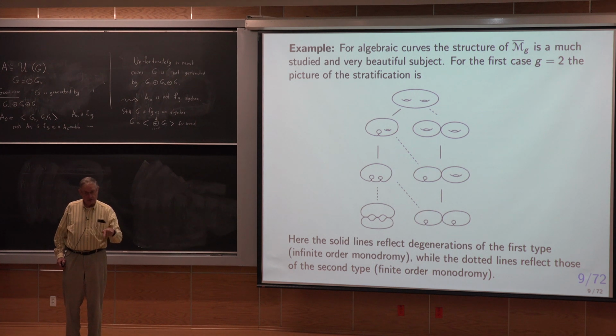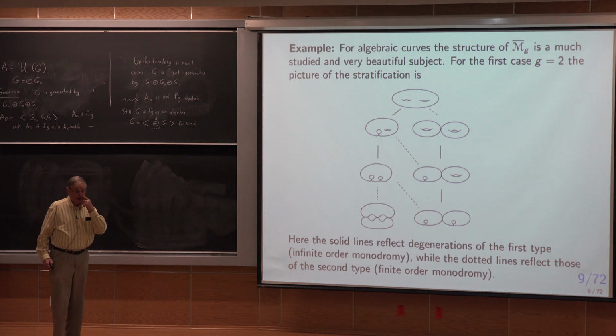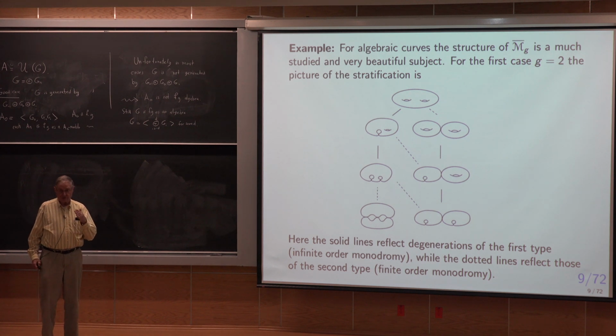What's the action of taking a cycle and going around the origin in this topological family? That's monodromy. It's the basic topological invariant for how you want to understand how an algebraic variety degenerates. So those are the solid arrows.